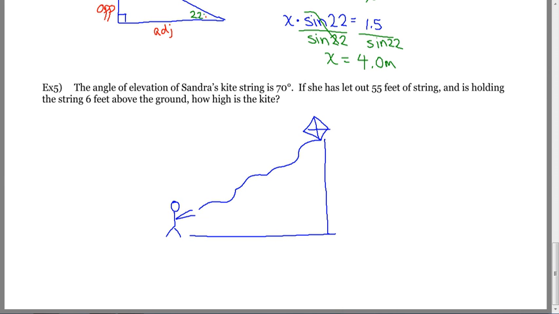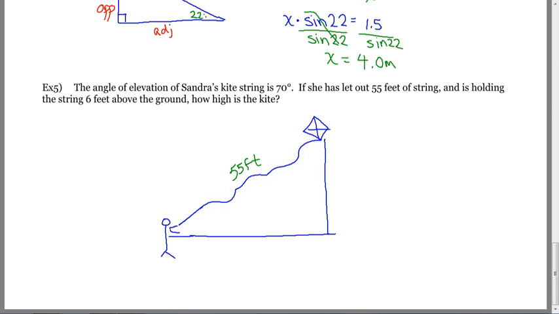So, she has let out 55 feet of string. And is holding the string 6 feet above the ground. So, let's say that she's actually 6 feet. Oh, let's maybe drop it here, sorry. And her arms are like that. Face is like that.